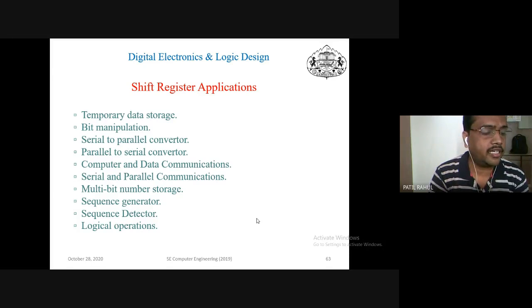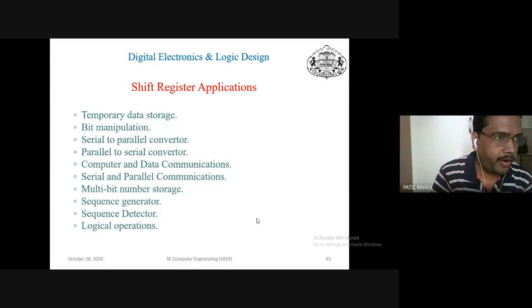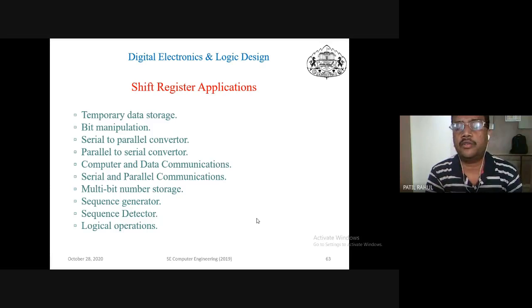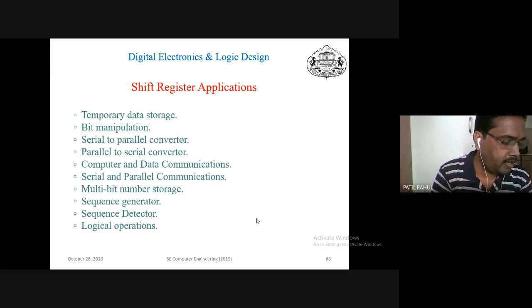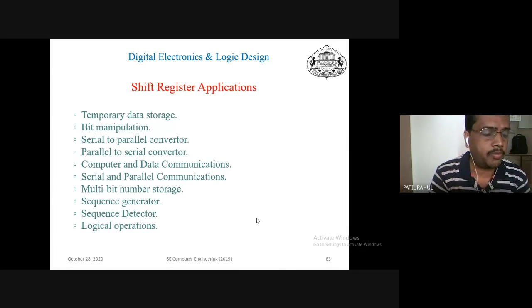Some devices use serial communication, but some devices use parallel communication. At that time you need to convert serial to parallel or parallel to serial. For this conversion, for the purpose of communication, you can use the shift register.